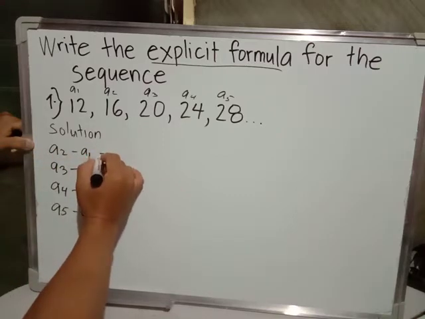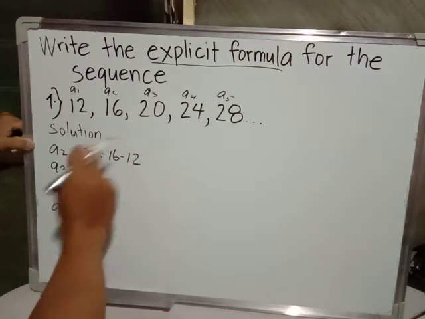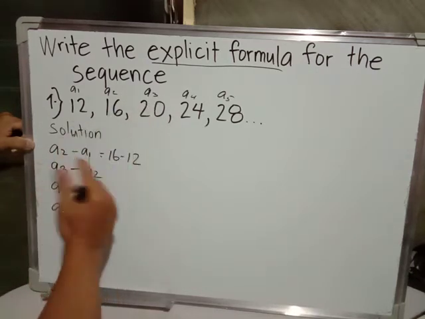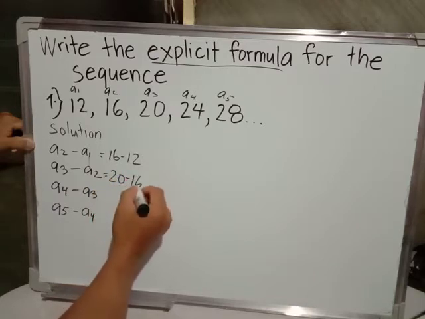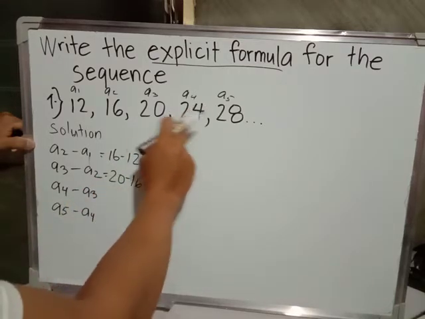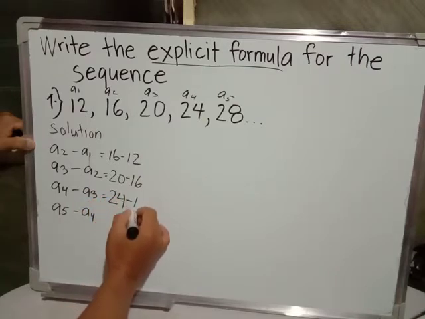E2 minus E1 is equal to 16 minus 12. E3 minus E2 means 20 minus 16. E4 minus E3 means 24 minus 20. Sorry, I was wrong, E3 is 20.